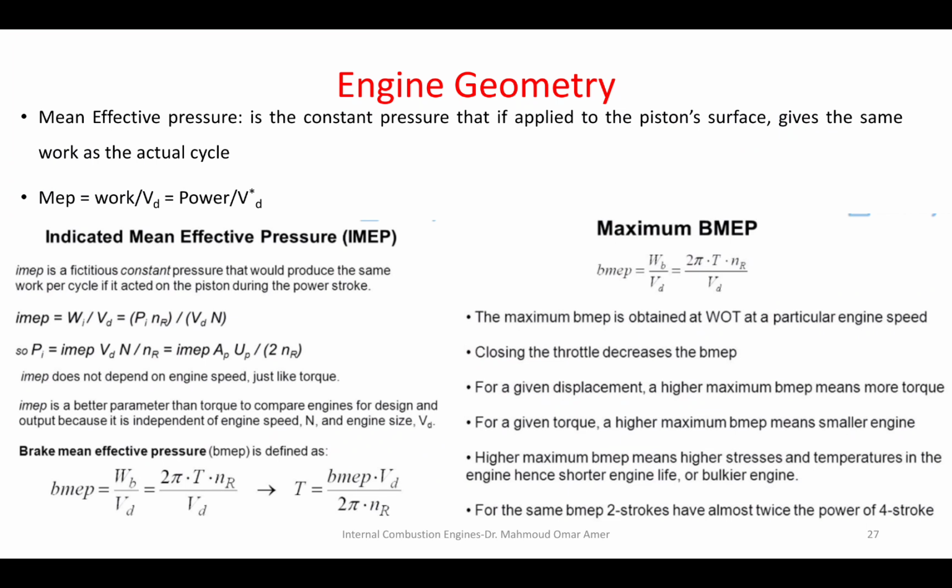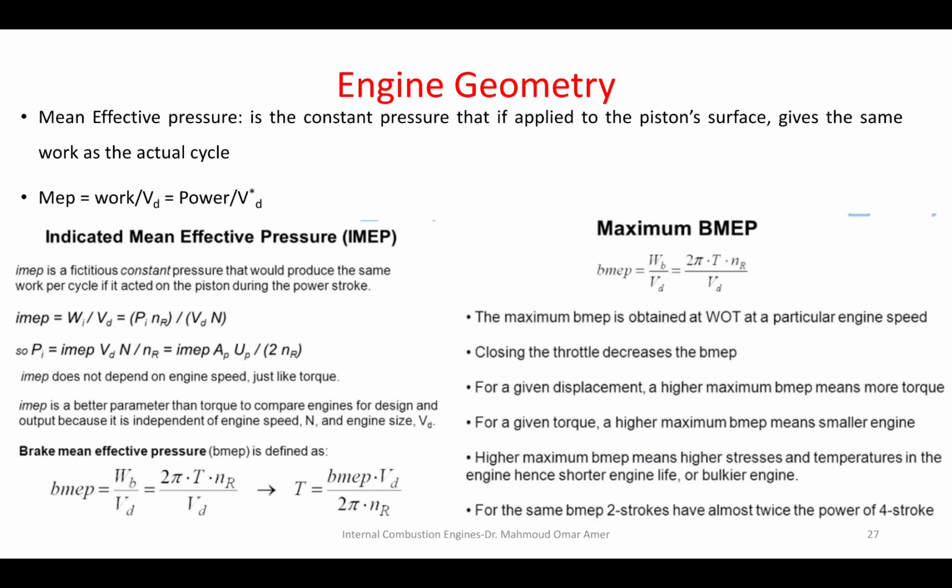When I say a term like power or work in general, it can be indicated power, which gives the indicated mean effective pressure. If we use the brake power here, it will be the brake mean effective pressure. And if we use the friction power here, it will be the friction mean effective pressure.